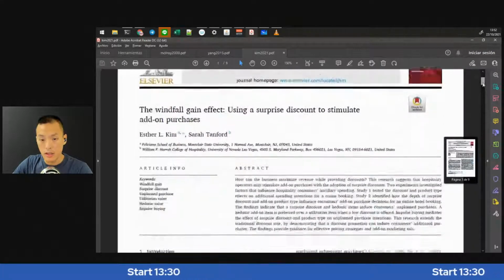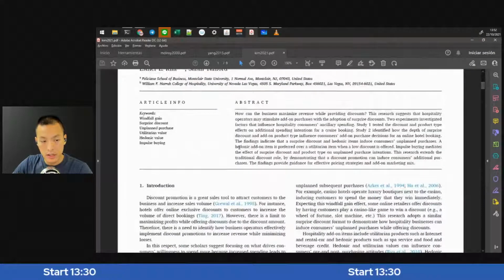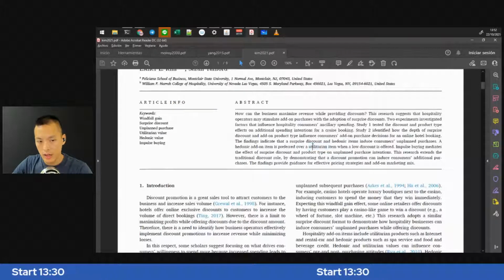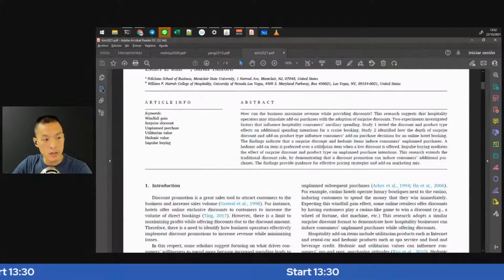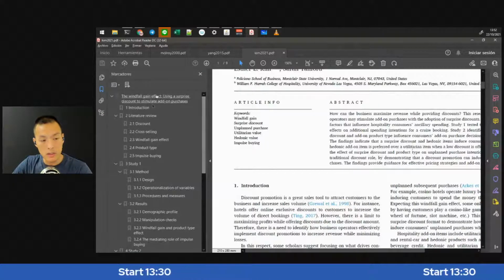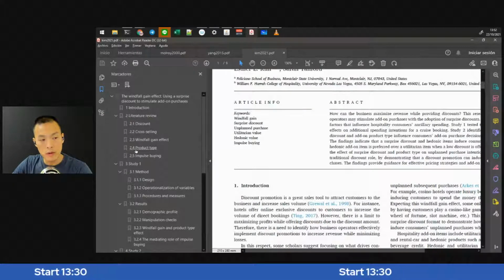When you read the abstract, you have seen the words hedonic and utilitarian, right? Let's say your English is not good enough and you have no idea what hedonic and utilitarian items mean. When you went through the structure of the paper, you see that 2.4 defines product type.